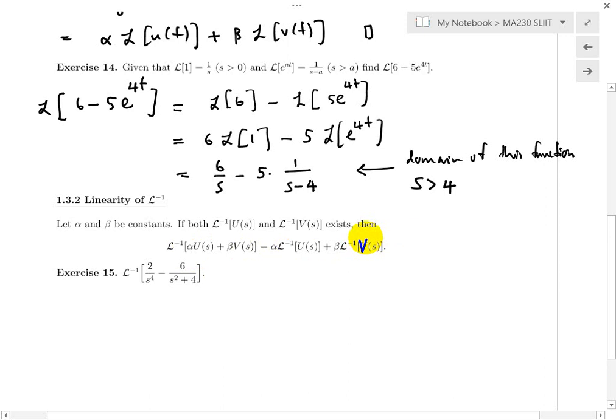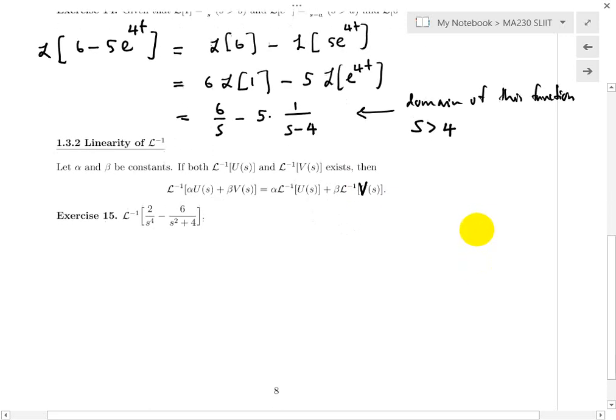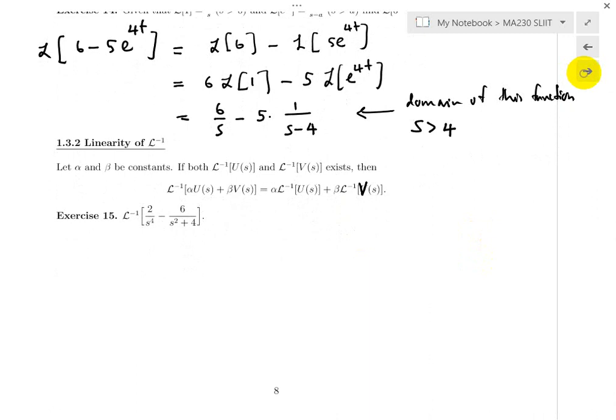Take the inverse Laplace transform of the first one and add the inverse Laplace transform of the second. So scaling is also the same. A couple of examples are here and on the next page.